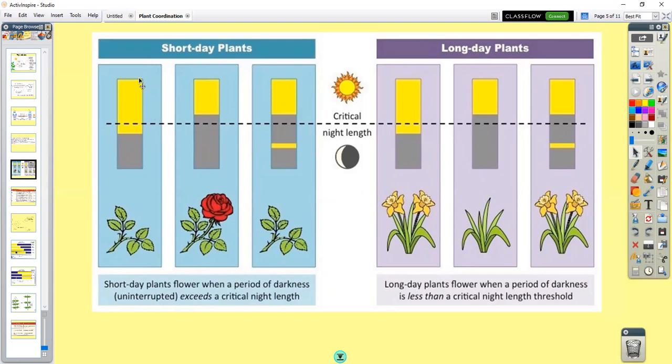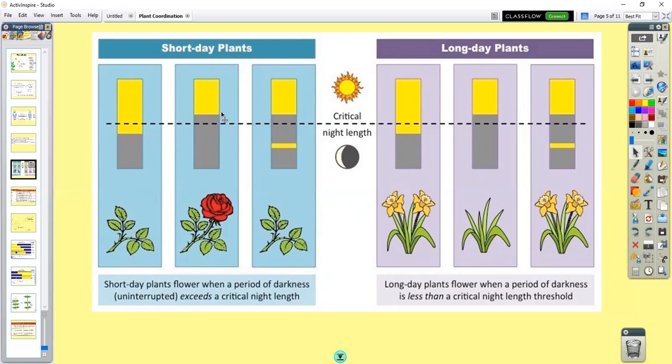Okay, so with short day plants, a longer period of light here, so P660 converted to P730, high levels of P730, not a long enough night for those levels of P730 to drop, because they're converted slowly back to P660. So that high level of P730 has the inhibitory effect on your short day plants, so therefore no flowering.